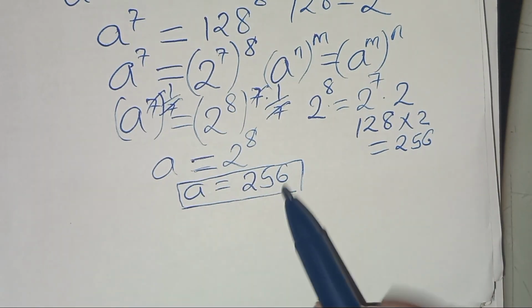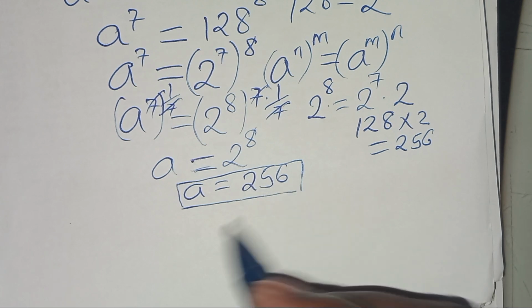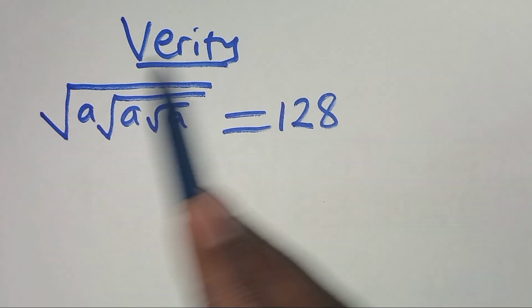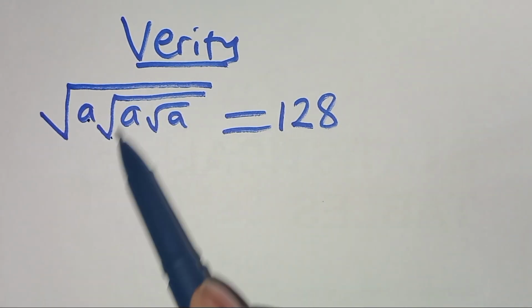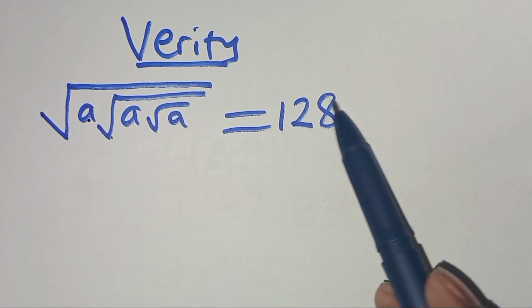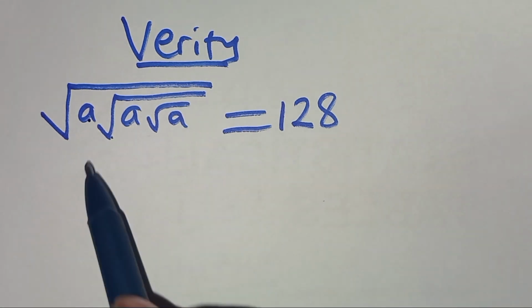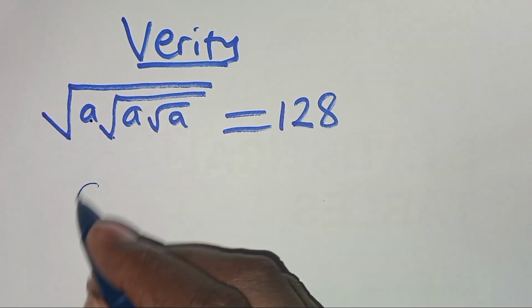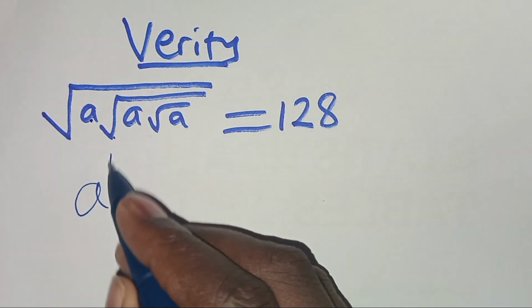So let's verify that this value of a actually satisfies the equation. Let's verify that square root of a multiplying by square root of a multiplying by square root of a will give us a value of 128. Eliminating the square root sign, we can express square root of a as a to power half.